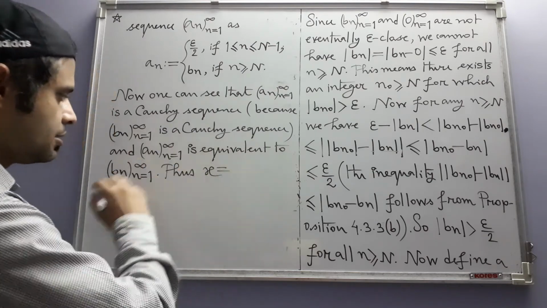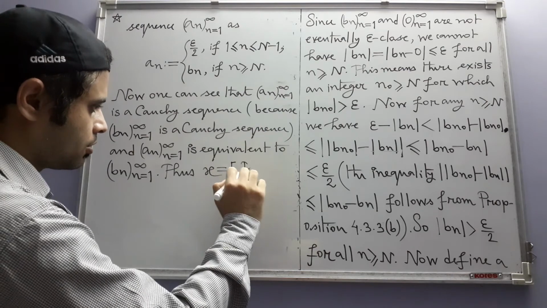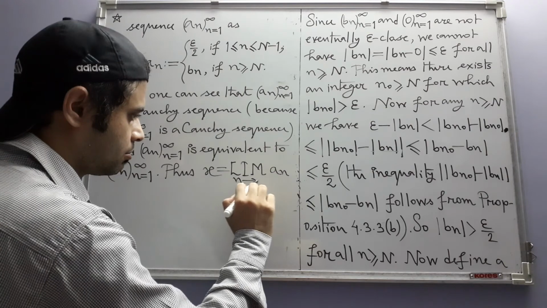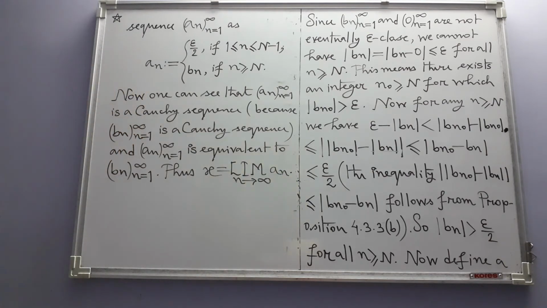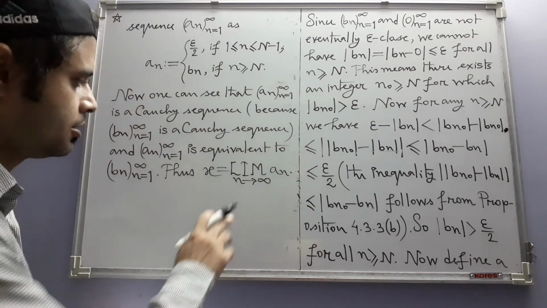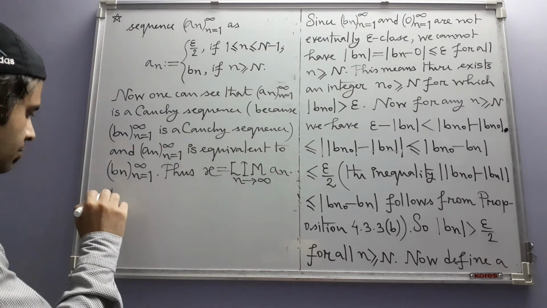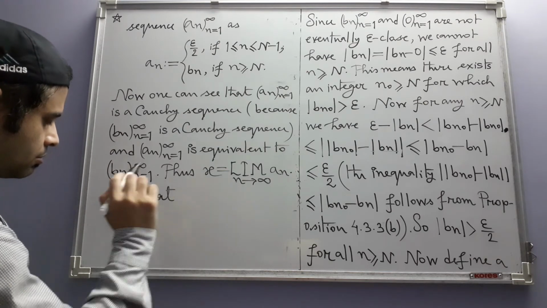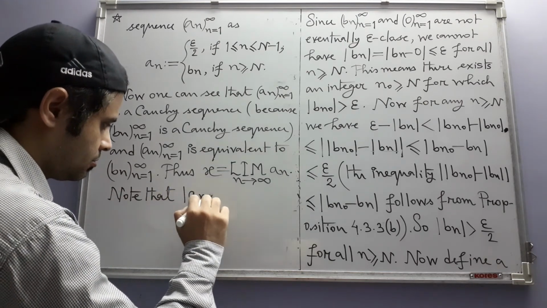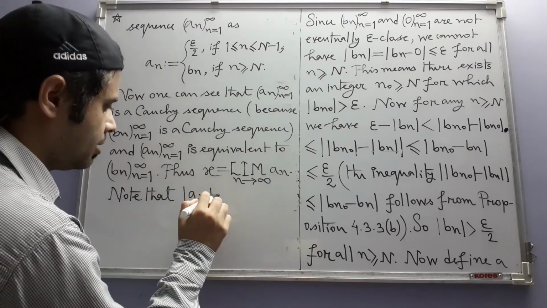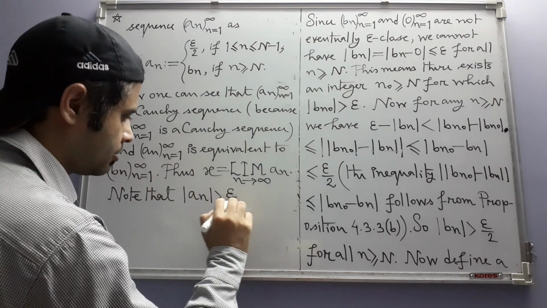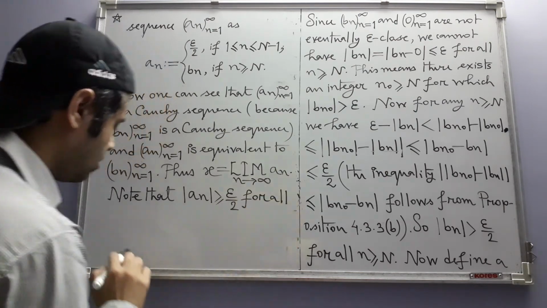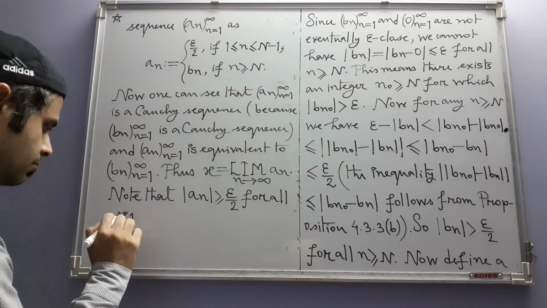Because of this equivalence, the original real number x is also the formal limit of an. But an is not just any Cauchy sequence, it has a property. Note that the absolute value of an is greater than or equal to epsilon by 2 for all positive integers n.